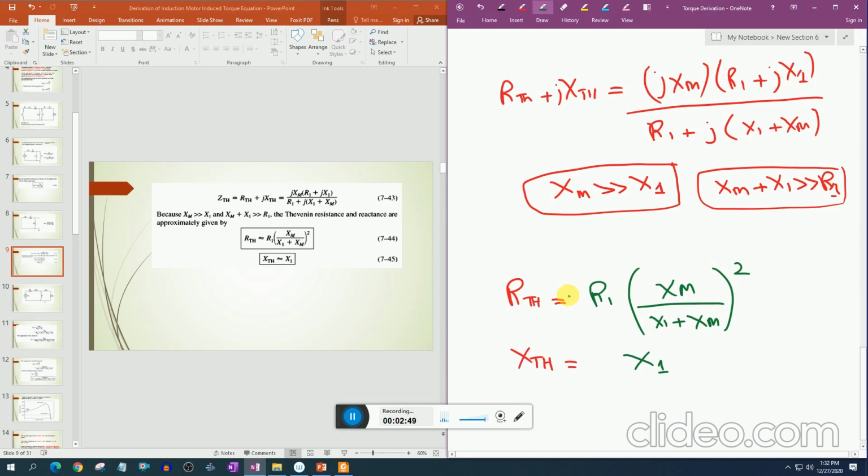These are approximately equal, not exactly equal, because we are applying the approximations.